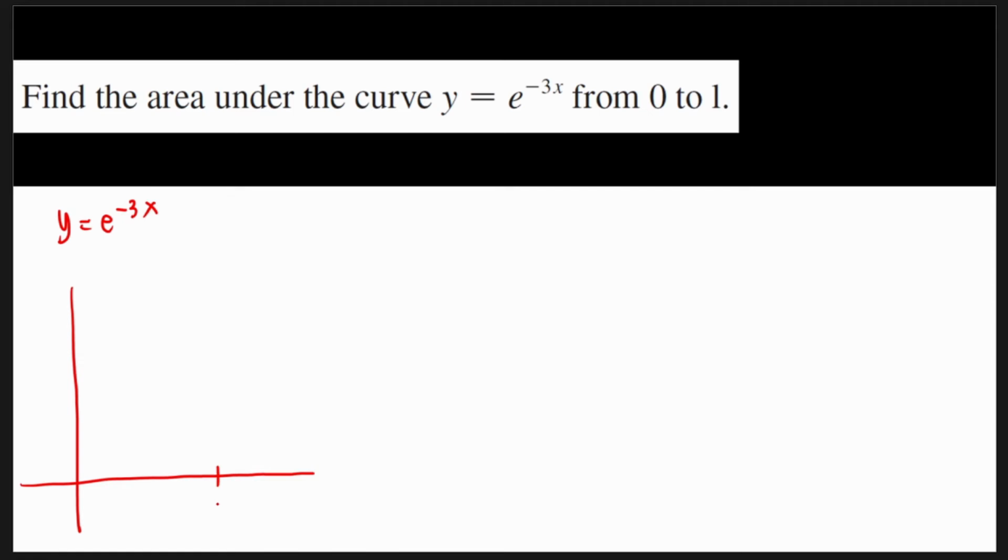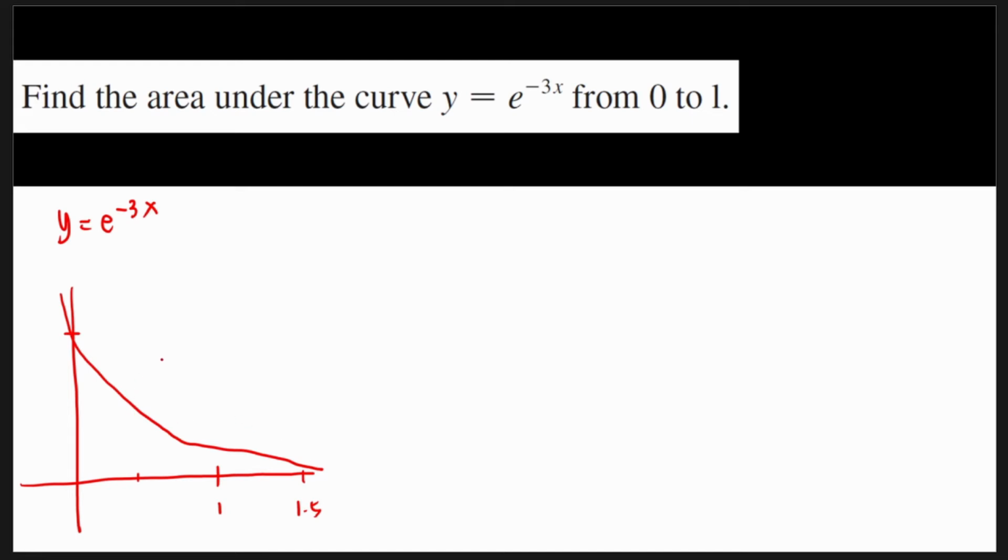We have here the value of 1, and the root here is 1.5, and we have a curve around here.